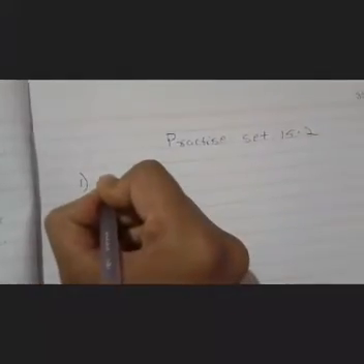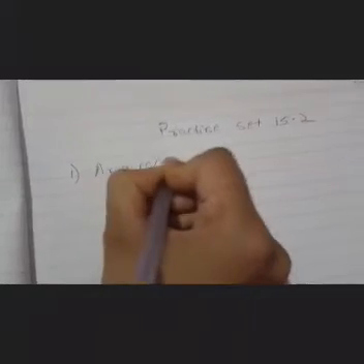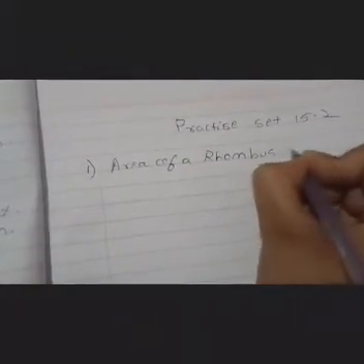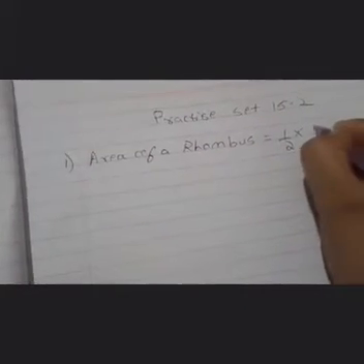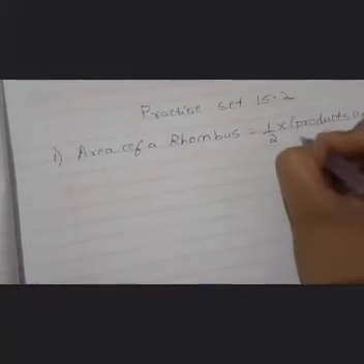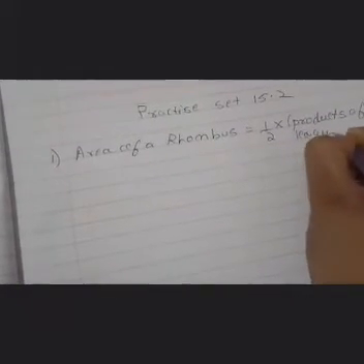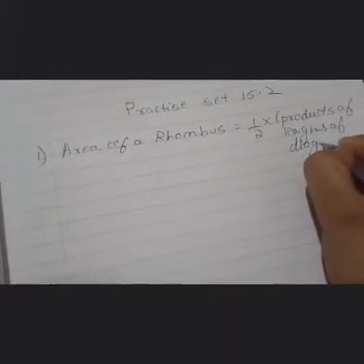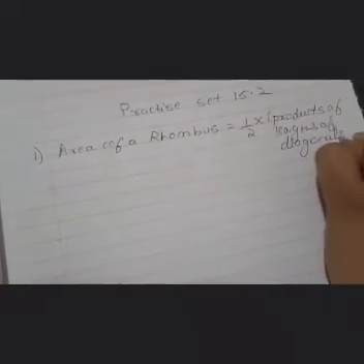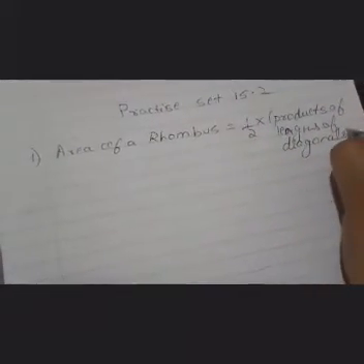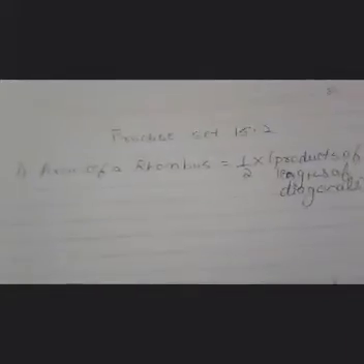The first sum, the area of a rhombus, is half into the product of the lengths of the diagonals.